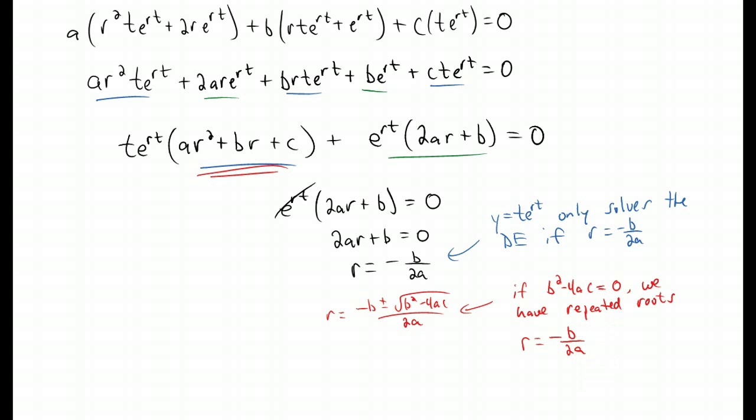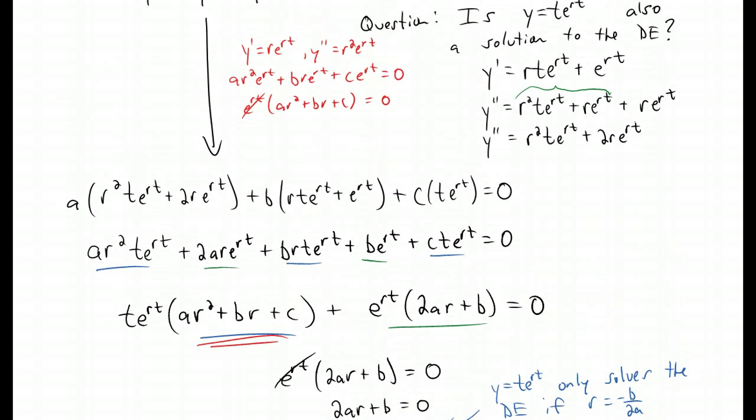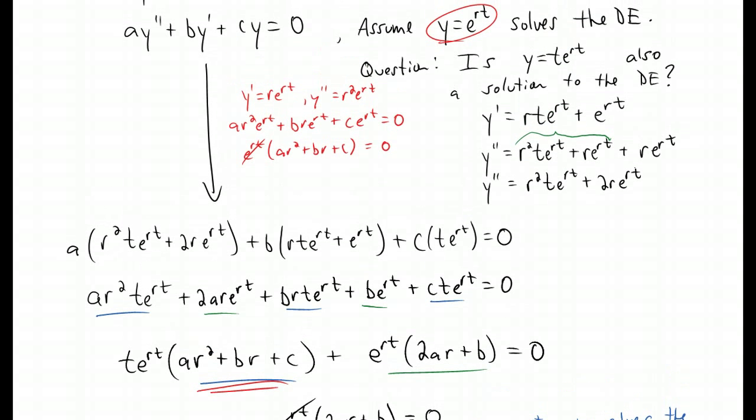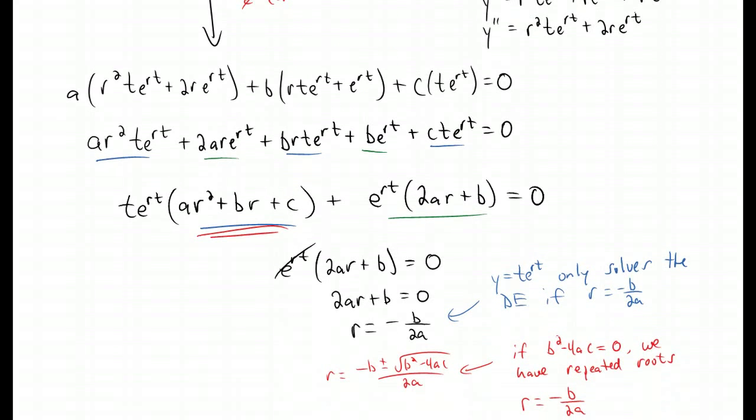So wait a minute. We just decided that t e to the rt is a solution to our original differential equation only when the root is negative b over 2a. Well, that's the exact case that we have when we have repeated roots. Whenever we have repeated roots, we do get r is negative b over 2a.